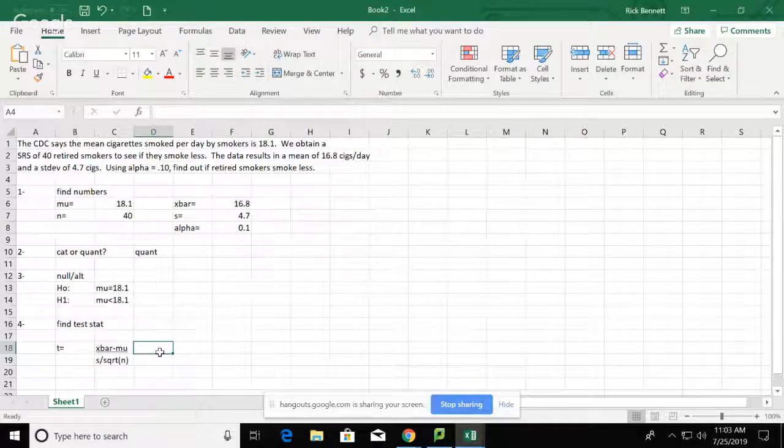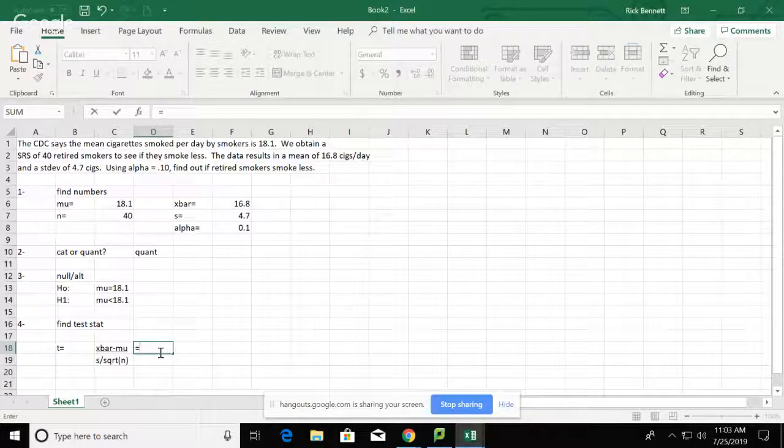So, Aaron, can you help me type in this formula? X bar, so 16.8, minus 18.1.